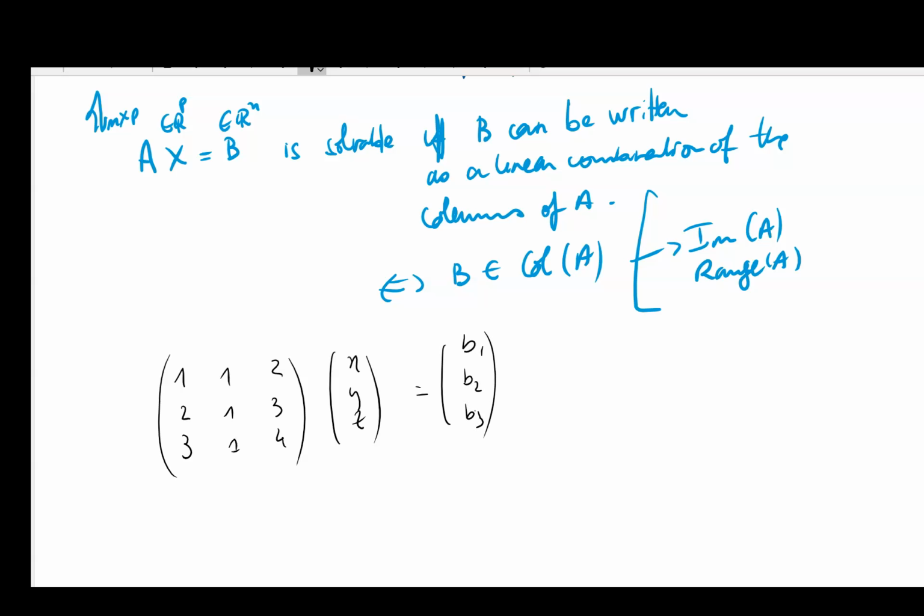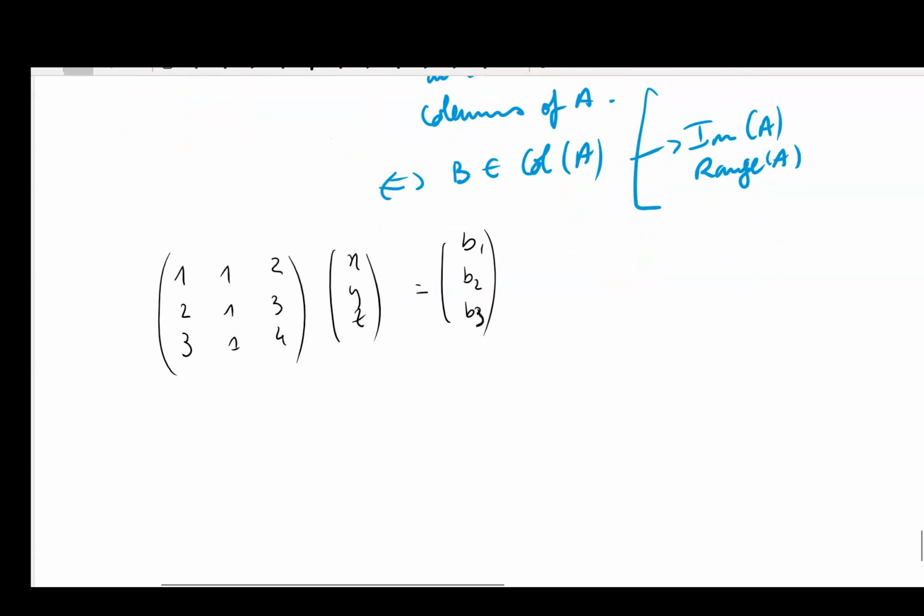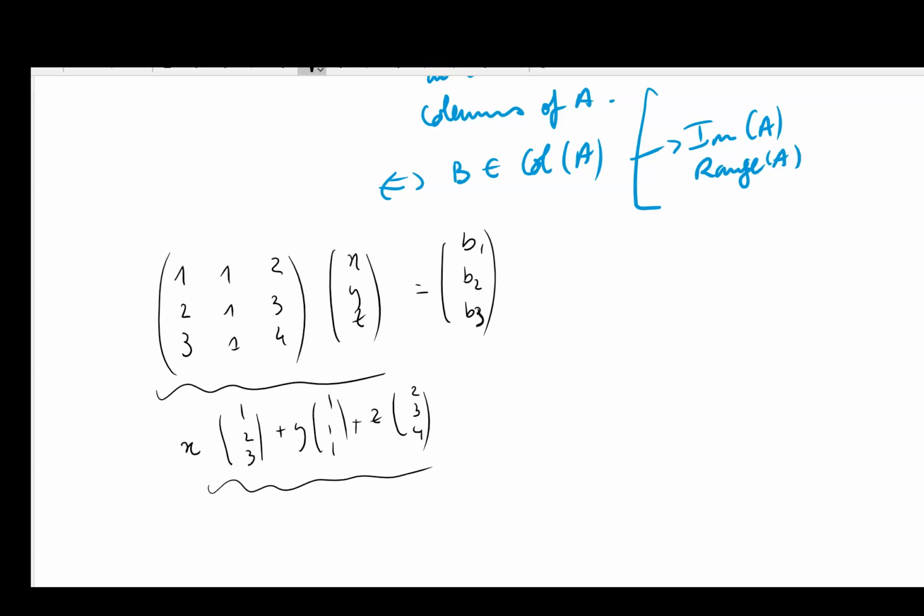This matrix-vector multiplication is really x times (1, 2, 3) plus y times (1, 1, 1) plus z times (2, 3, 4). I need to find out whether for any values b1, b2, b3, I can find x, y, z that give this b1, b2, b3 through this linear combination. So I need to know what the vector space given by this linear combination is.